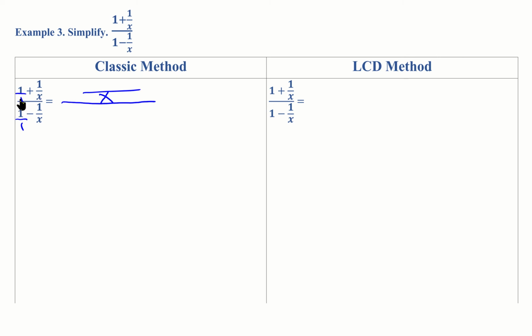This is a 1, so we have to multiply it by x, which of course means we have to do the same on the top. Now this other fraction already has a denominator of x, so we don't need to do anything there. So the new numerators that we're going to combine, now that we have two like fractions, is going to be x plus 1.